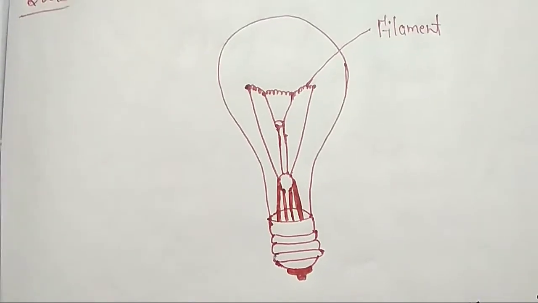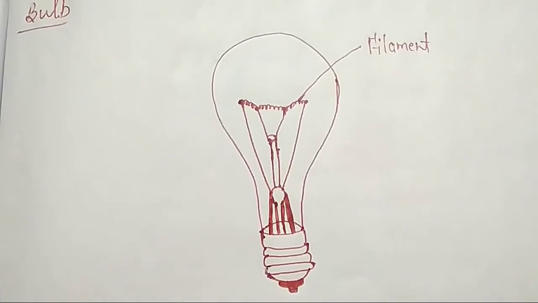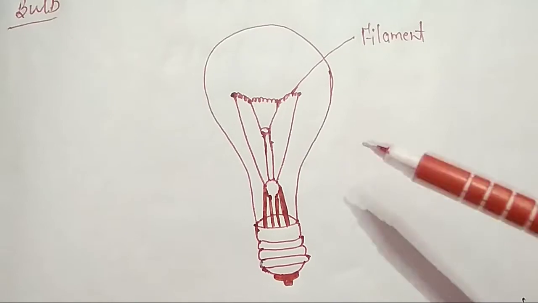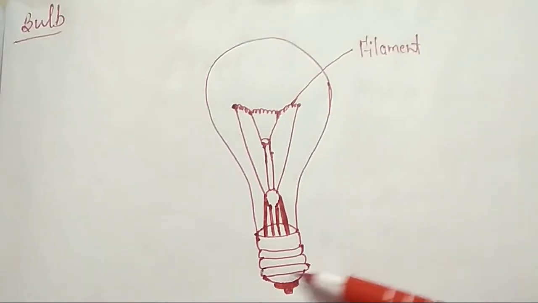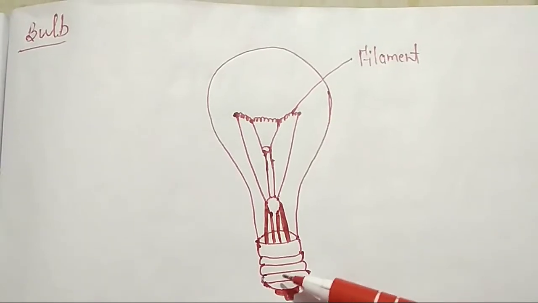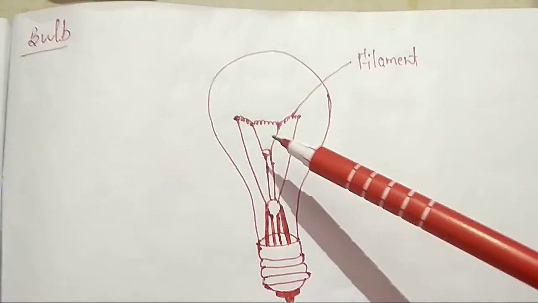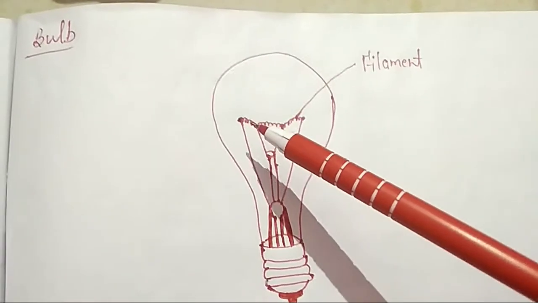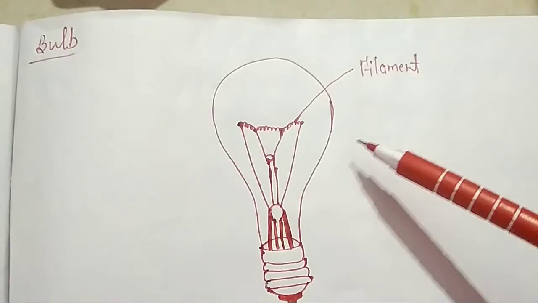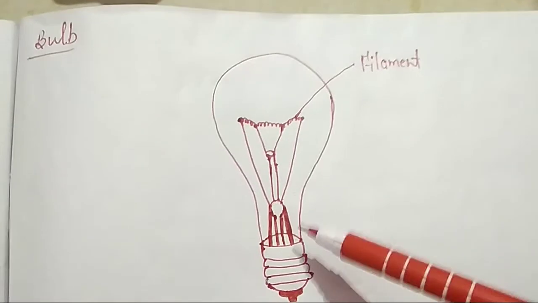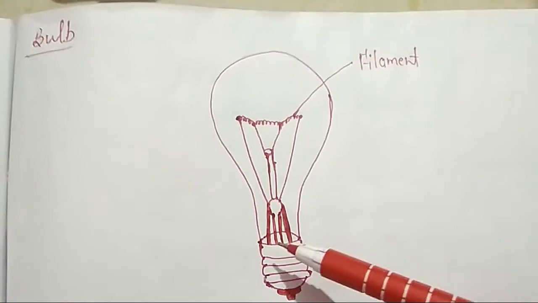The next component of the circuit is the bulb. Here you can see the diagram of a bulb. This is the metal tip that is placed into the holder, and this is the filament. This filament is made of tungsten. Tungsten is an alloy.